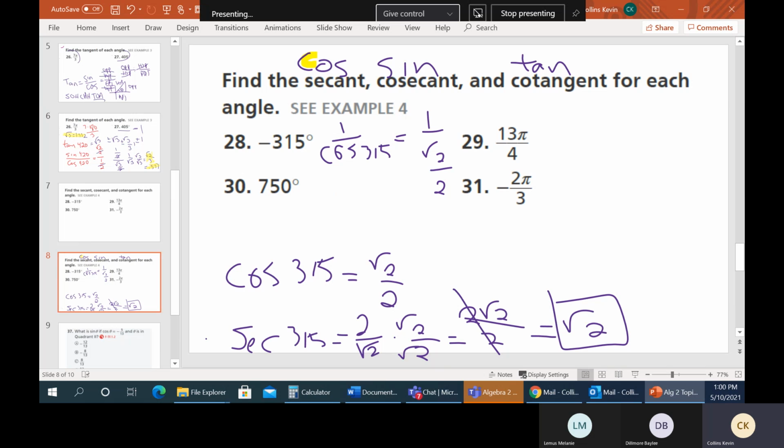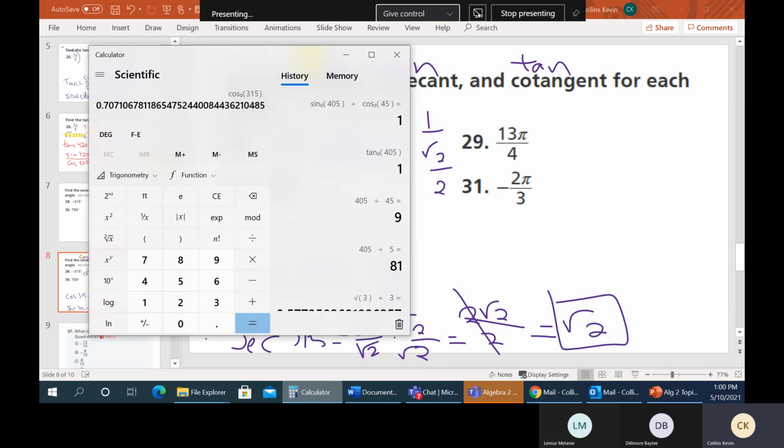That's another one it wouldn't hurt to notice. So another way you could do this is, I know that it's 1 over the cosine, so 1 divided by the cosine.